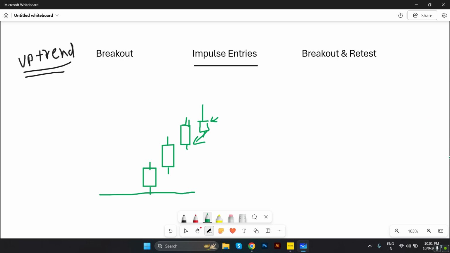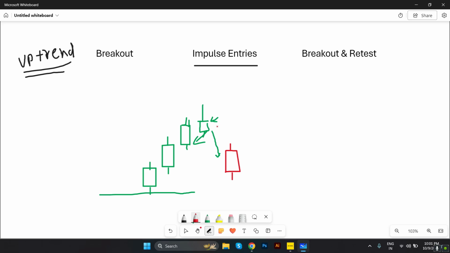At this point there is nothing you can do. All you have to do is wait for price to come down and create some sort of market structure like this. Let's just say price needs to come down and create a bearish candle after a bullish candle.